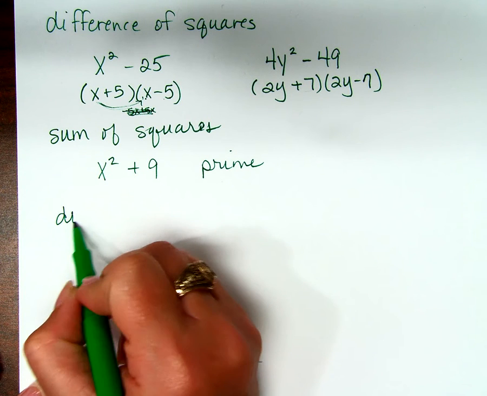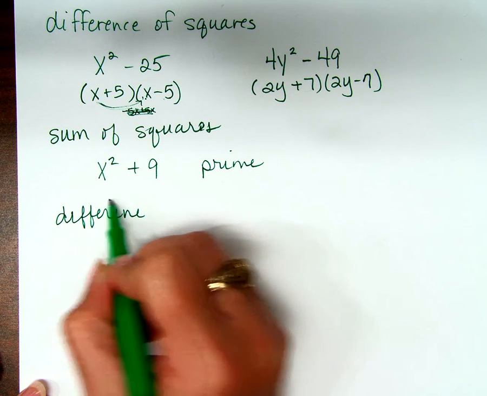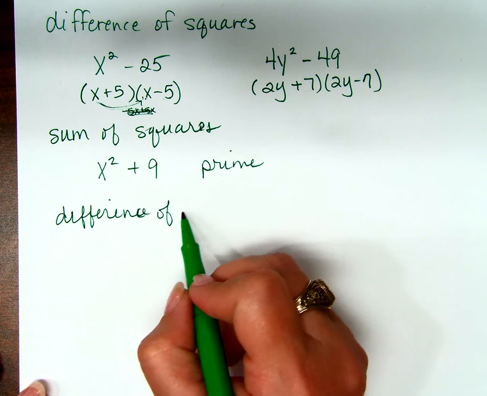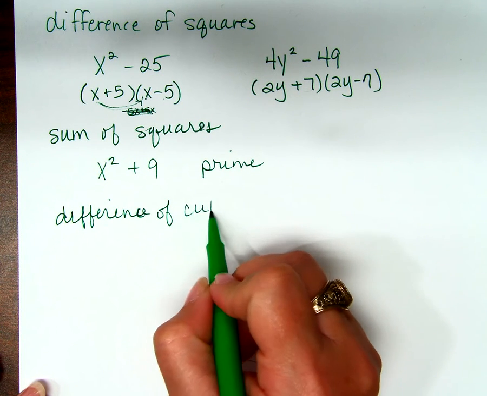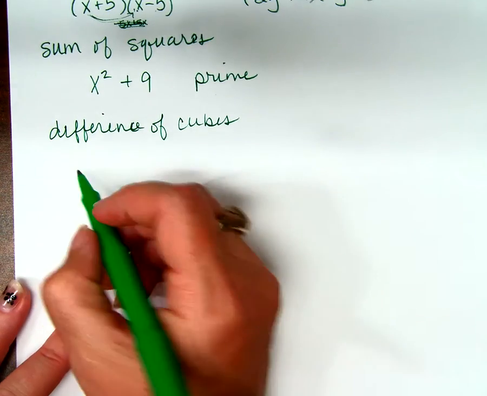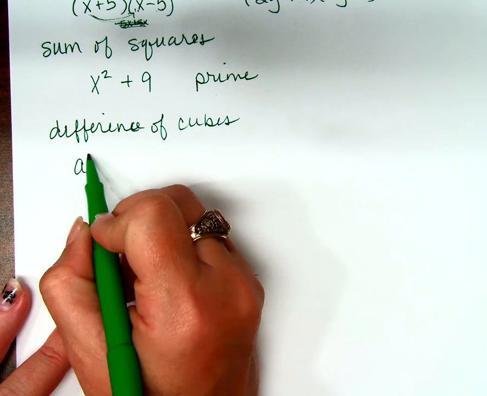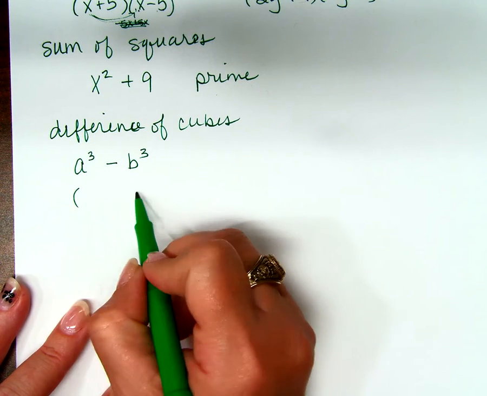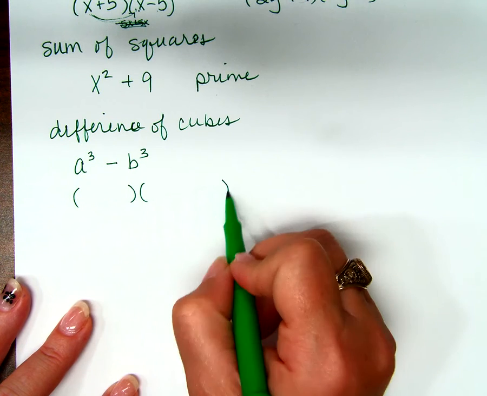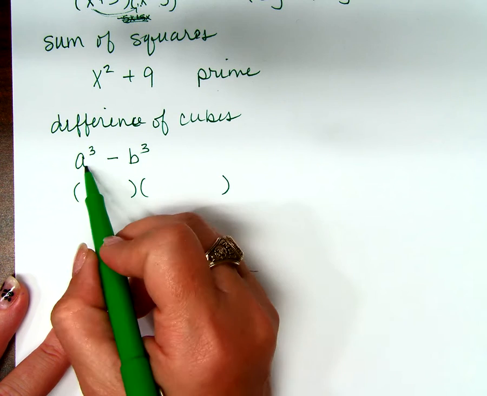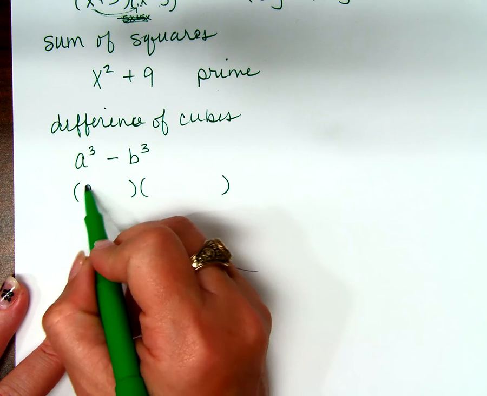There's the difference of cubes. Remember we talked about this being a pattern? If we have a cubed minus b cubed, we end up with a binomial and a trinomial. Do you remember talking about this? So for the binomial, I take the cube root of the first term.